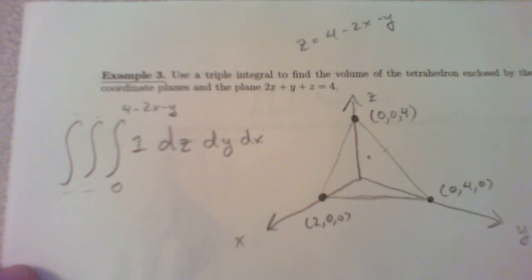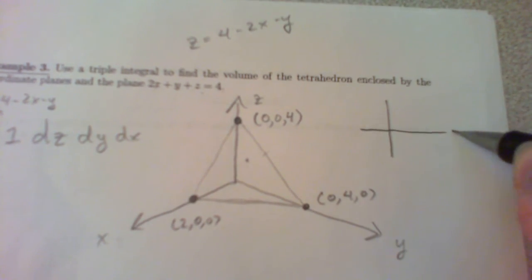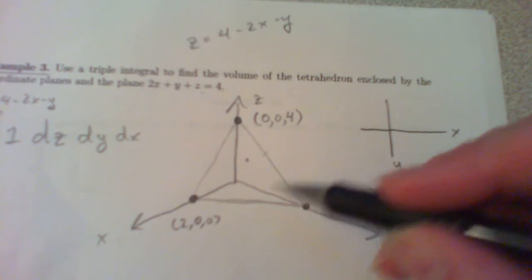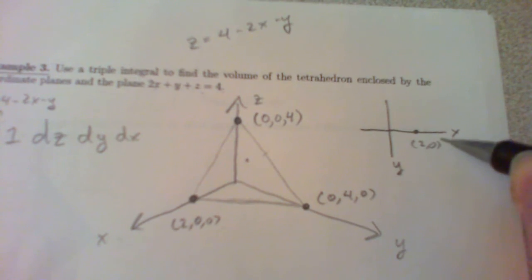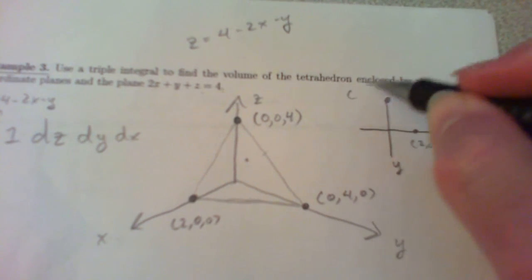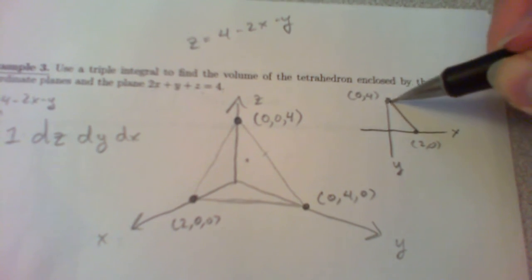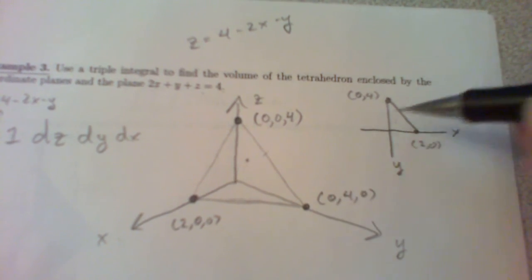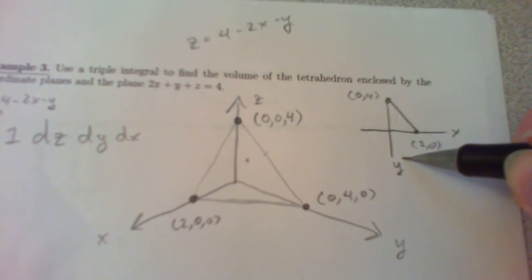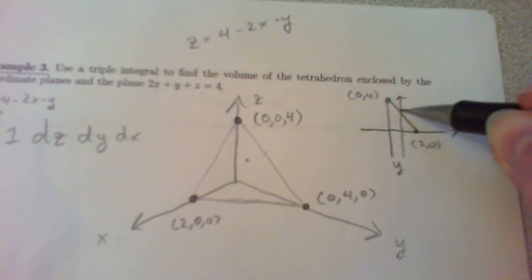Alright, so now let's think about what it looks like on the ground. If we do a projection onto the xy plane, this thing is a line and it goes through (2, 0) and also up through (0, 4). So that's what that looks like on the ground. If I want to integrate with respect to y first, I'd be coming in like this. Enter at 0, exit at this line here.